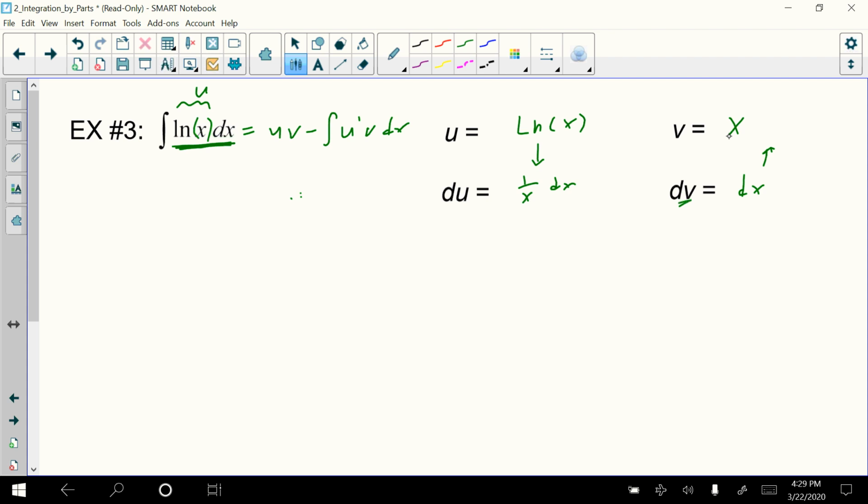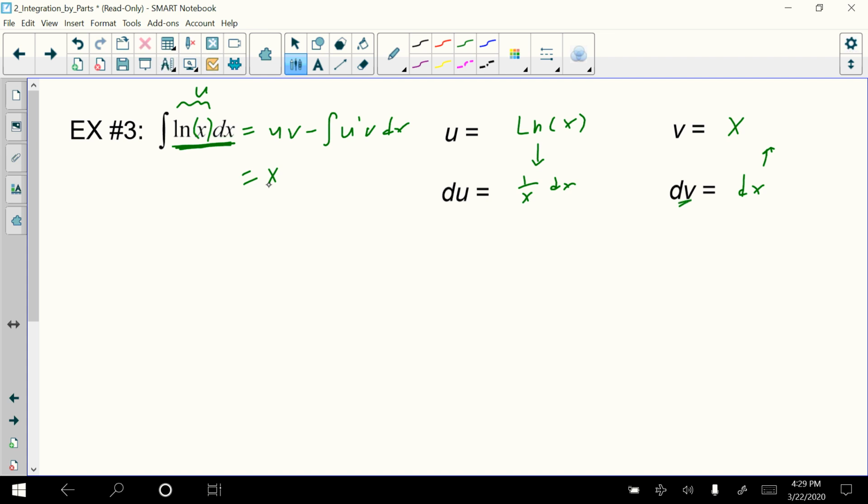So now we take the antiderivative of dx, which would just be 1x. So now we know all of the bits that we would need to substitute into our expression. So let's go ahead and write it out. Let's see, I think we have enough room to keep doing it here underneath this equal sign. So u times v, in this case, will be x times the natural log of x.